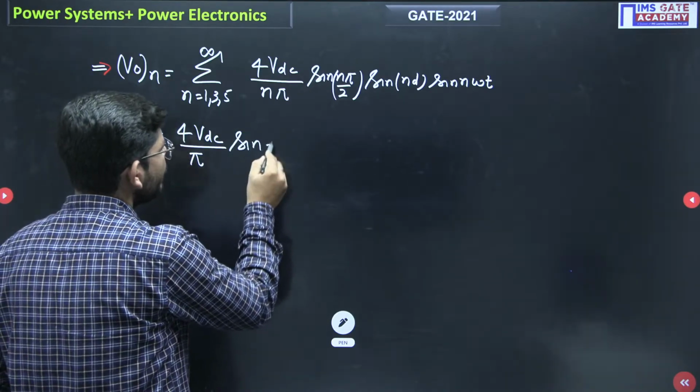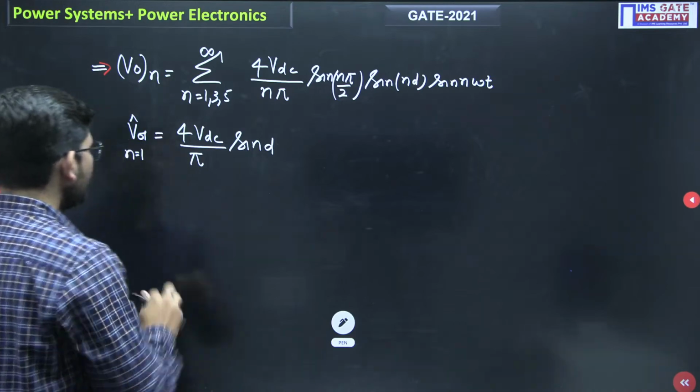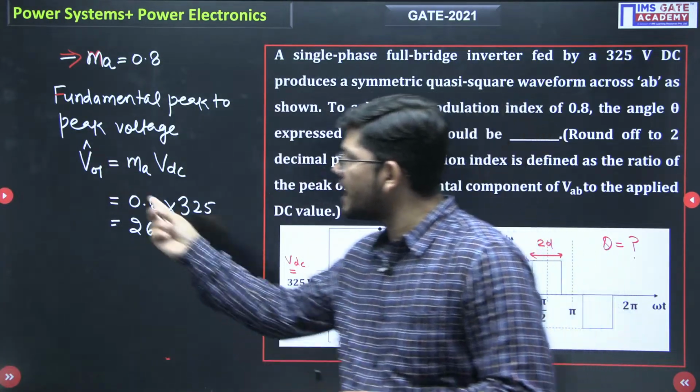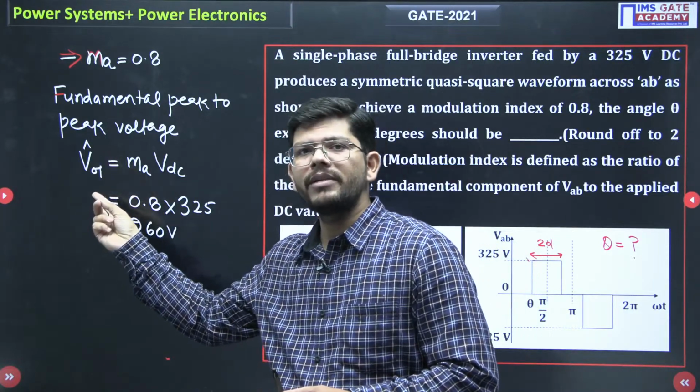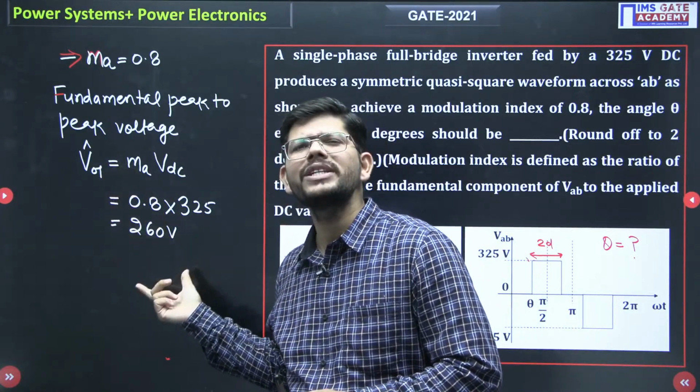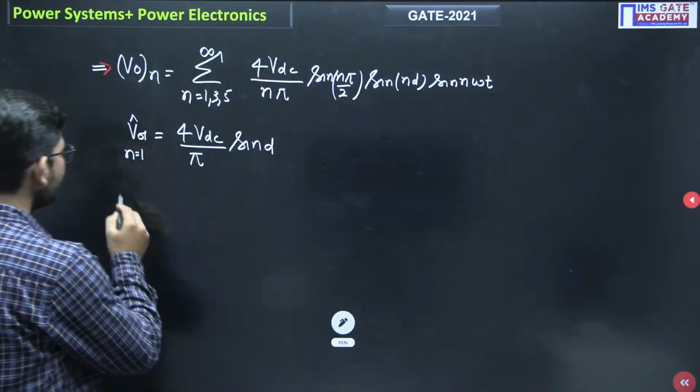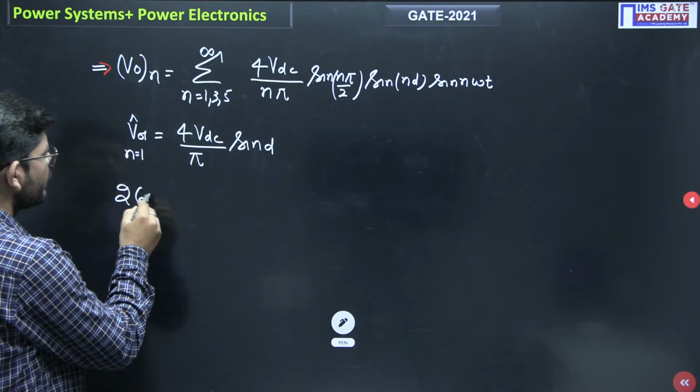So that will be the value. And we have already calculated this peak value of fundamental voltage, which we found to be 260 volt. So what we will do here is equate this value. This value is 260 volt.